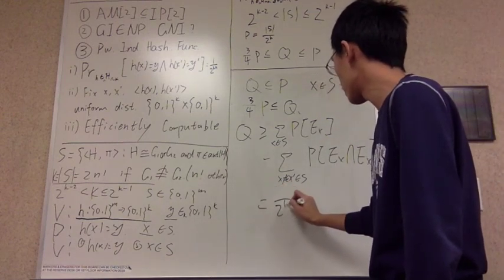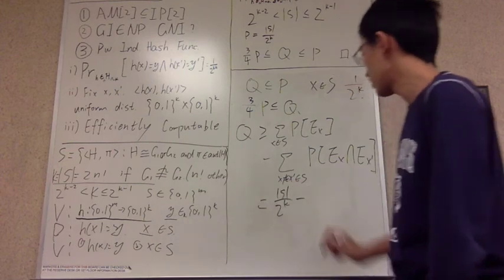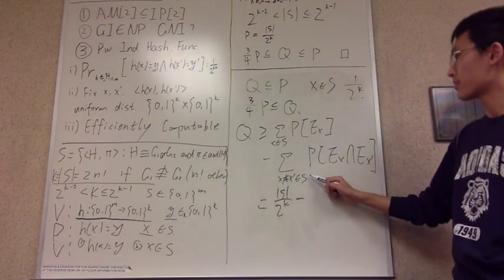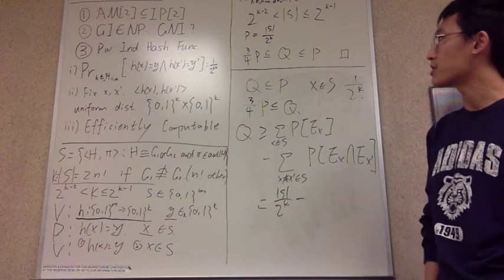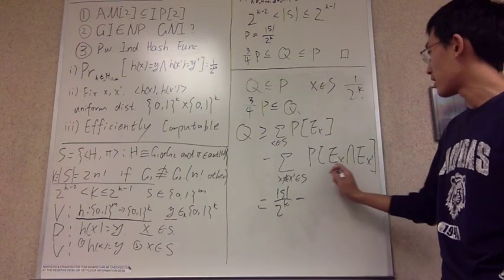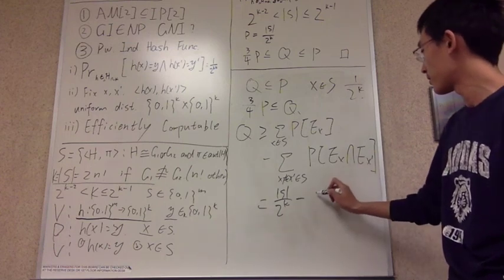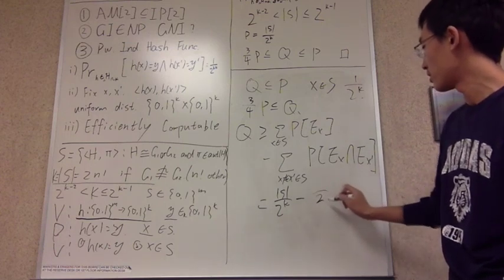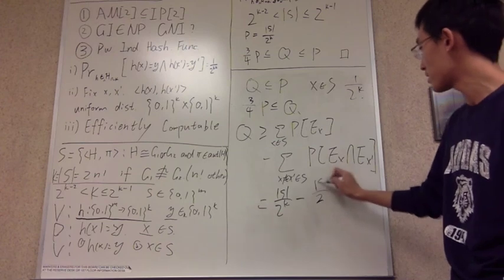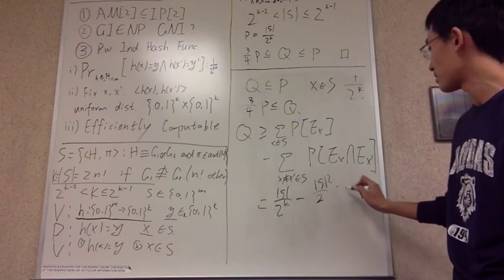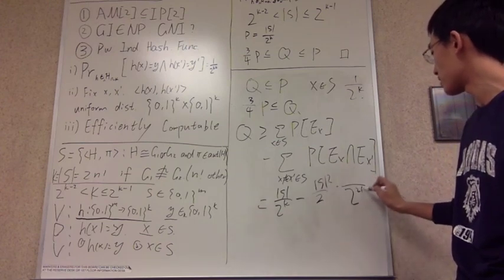is equal to. And according to the definition of the pairwise independent hash function, the probability of this thing happening is: we randomly choose 2 things from S, times the probability of both of these things happening.